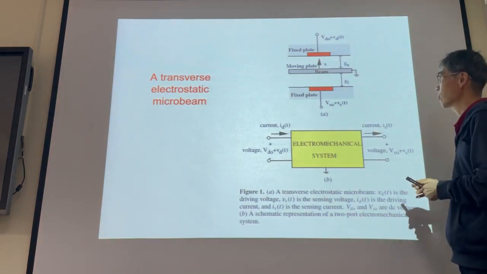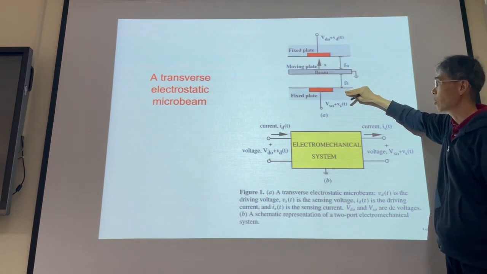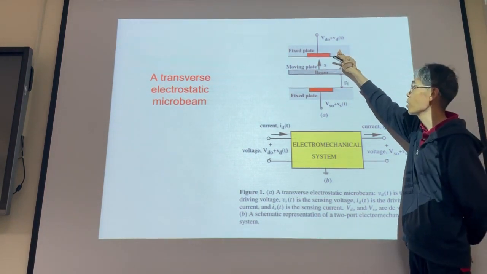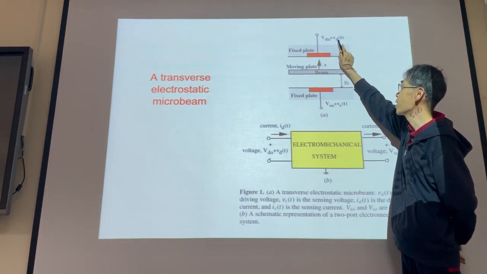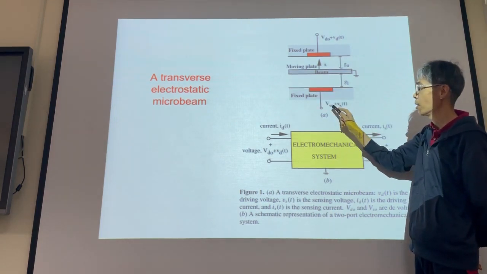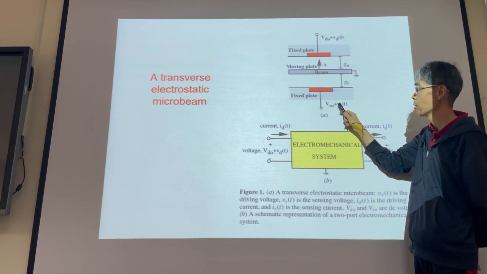His device is a beam. We have anchor 1, anchor 2. This beam is ground. For anchor 1, we have DC and AC voltage. For anchor 2, we have AC voltage and DC voltage.